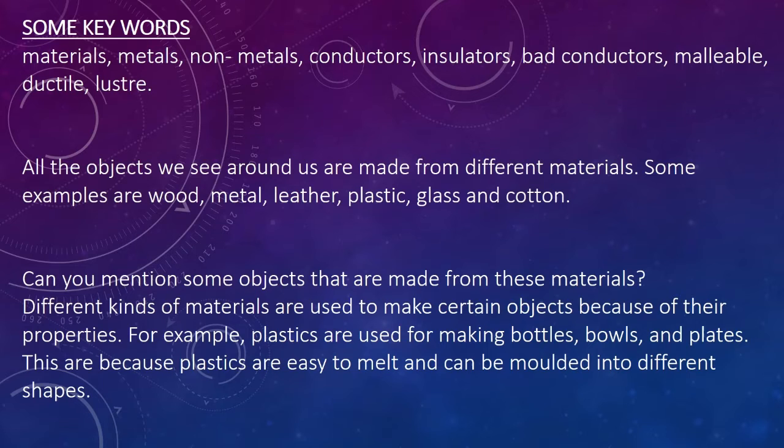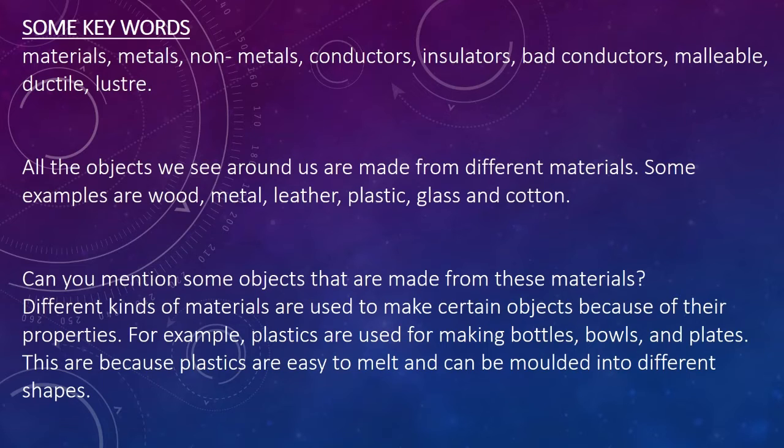All the objects surrounding you come from some materials. Some examples of materials are wood, metal, leather, plastic, glass, and cotton. Can you mention some objects that are made from these materials?